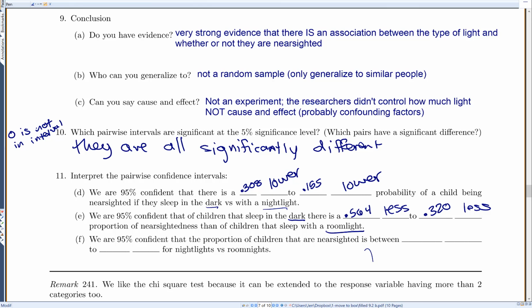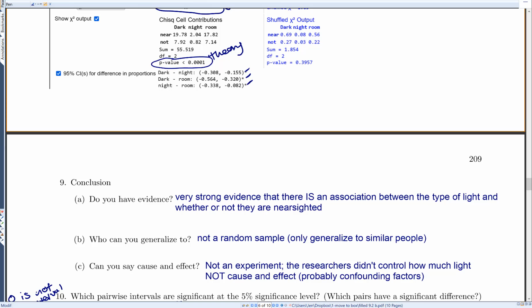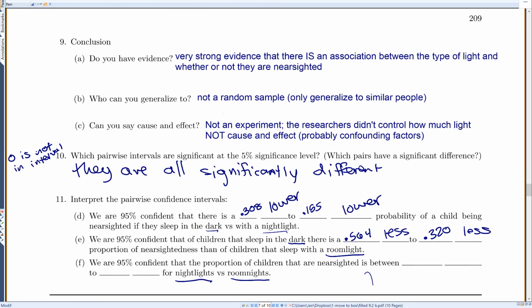And we're 95% confident the proportion of children that are nearsighted, nearsighted is our response variable, is between something and something for night lights versus room lights. So let's come back up. Between our night lights and our room lights, it's going to be this 0.338 to 0.082. So 0.338 lower to 0.082 lower.